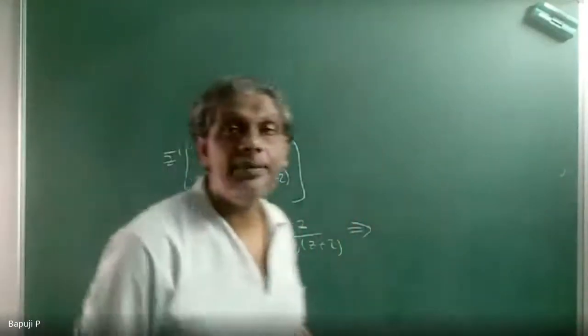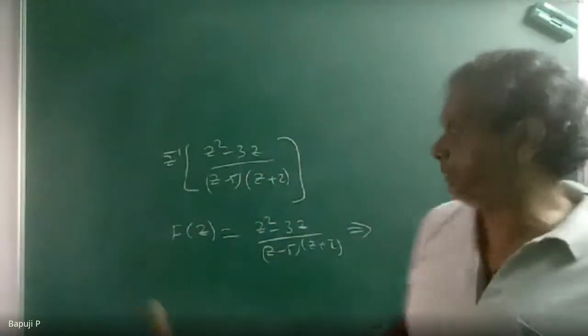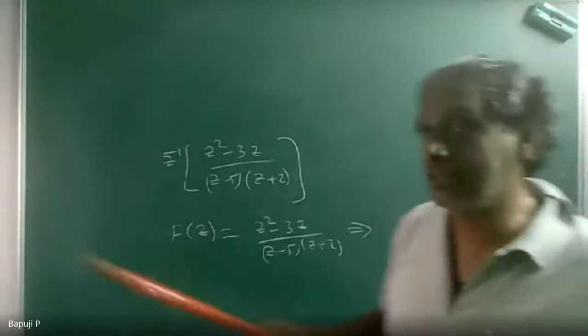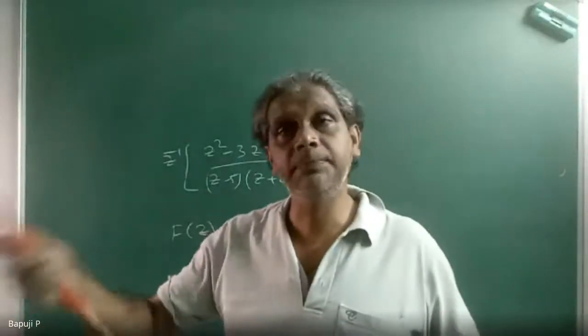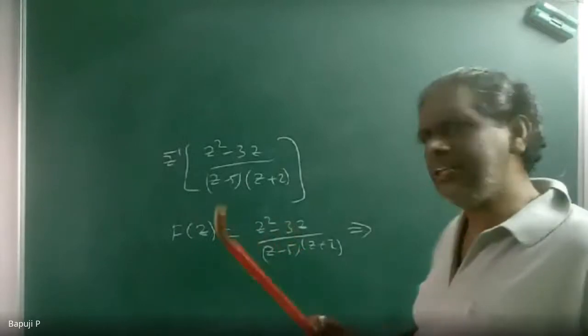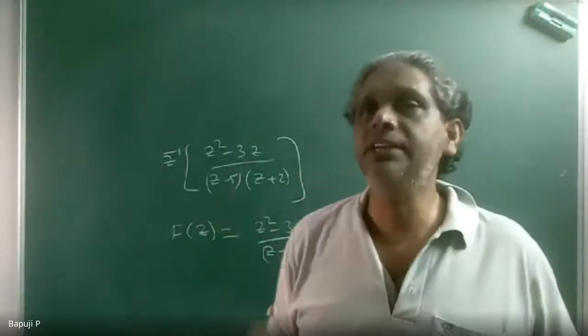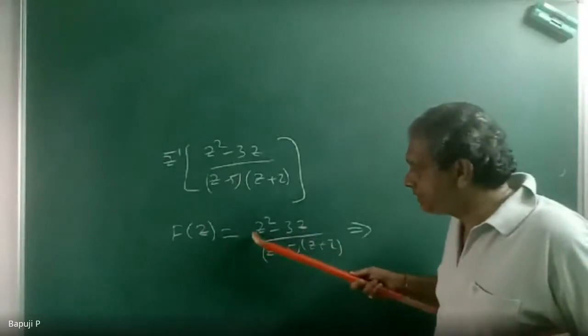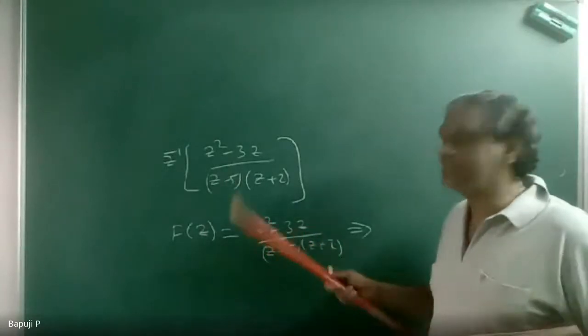If you are not able to pull it outside, there is no escape. We have to divide, then bring it as 1 plus something by z, F of z by z. Here, in z transforms, if the degrees are equal, I can guarantee I can pull out one z. See, z squared, z, from here I can pull z outside.